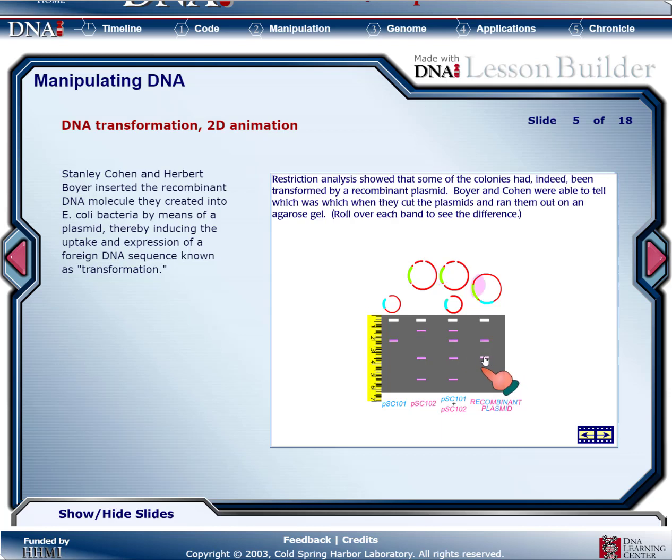This here is the recombinant plasmid. pSC101.